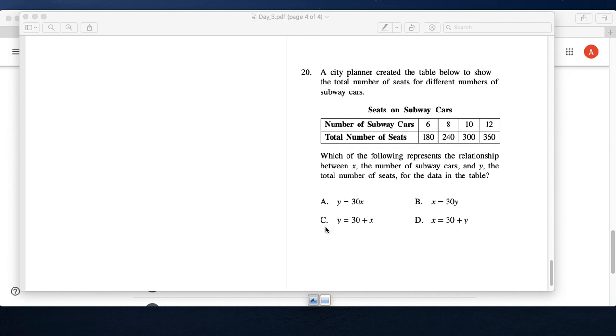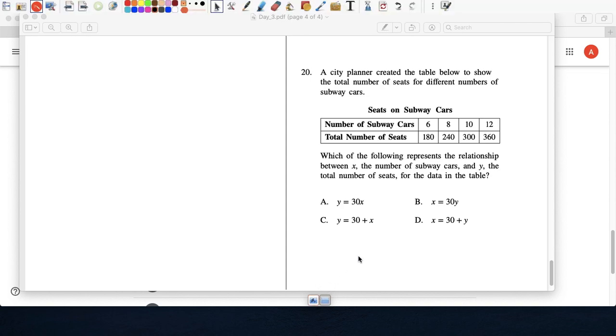Last question. On day 3 at city tour, a city planner created a table to show the number of seats for different numbers of subway cars. So this is my x, and the total is always your y. If I have 6 cars, I have 180 seats. If I have 8, it's 240.